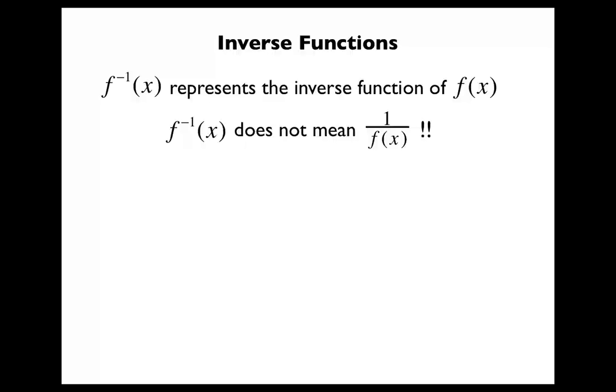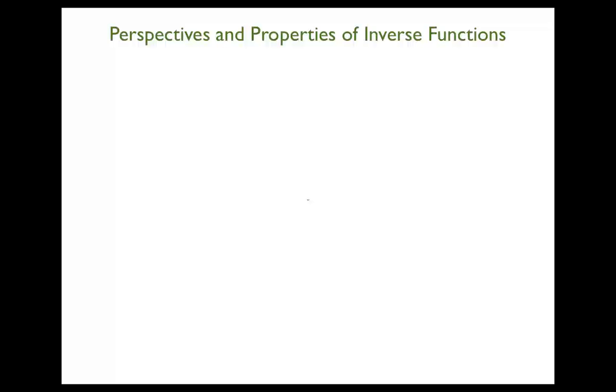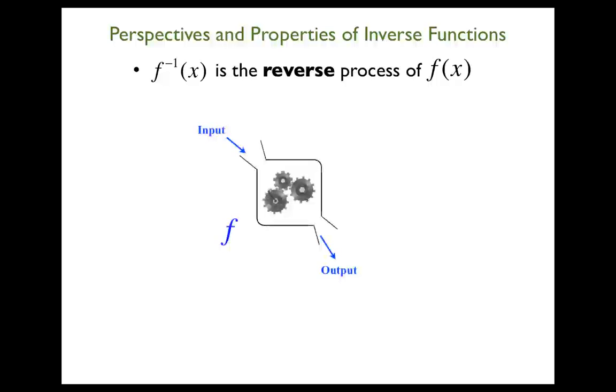Okay? All right, so perspectives and properties. There are two main perspectives about inverse function. One of them is that the inverse is the reverse process of the original function. So we have a function. It's like a machine, right? It takes input, it cranks on the input, and gives us output.